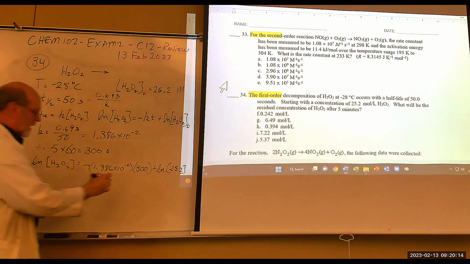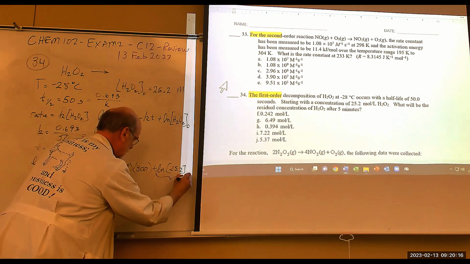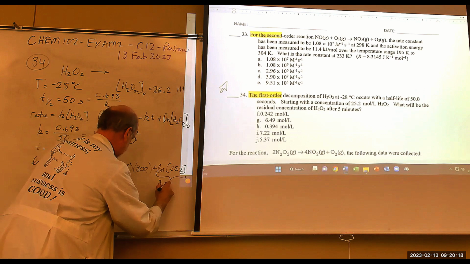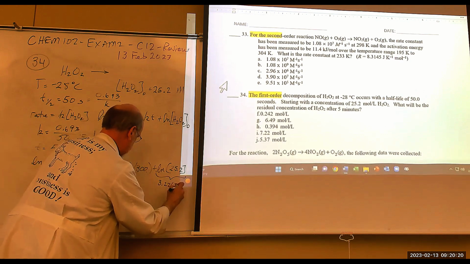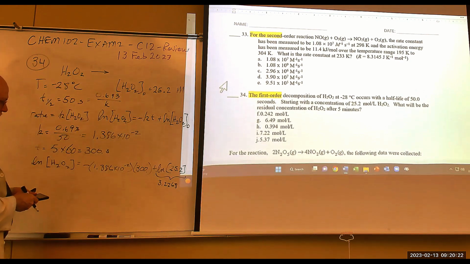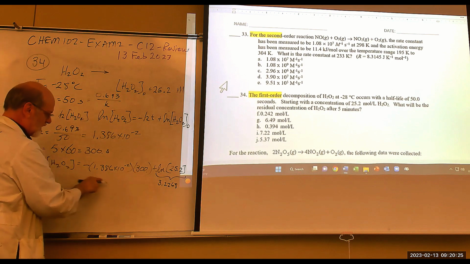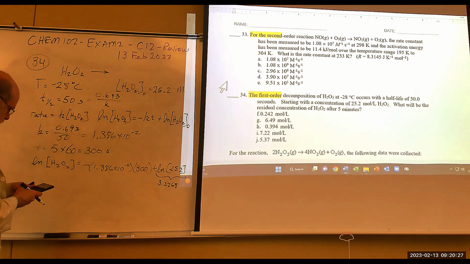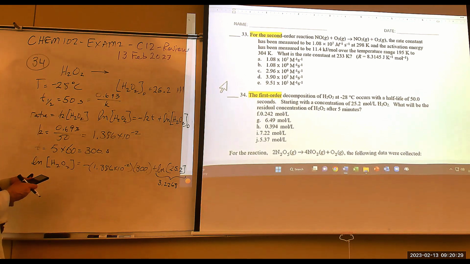The natural log of 25.2 is 3.2268. And then multiply these two together. So I'd say 1.386 exponent minus 2, and then 300 times that.